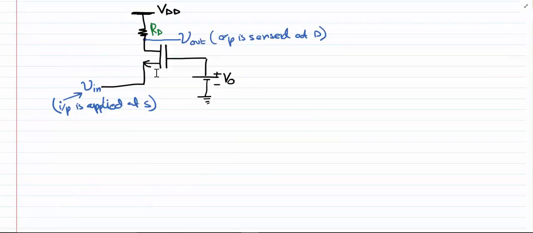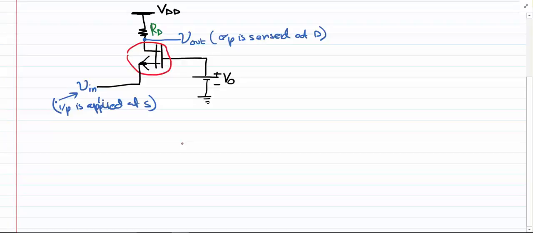Now let's draw the small signal model for this common gate configuration that we will later use in calculating the voltage gain, input impedance, and output impedance. As we have an n-MOS device here, let's draw the small signal model for the n-MOS, assuming there is no channel length modulation.